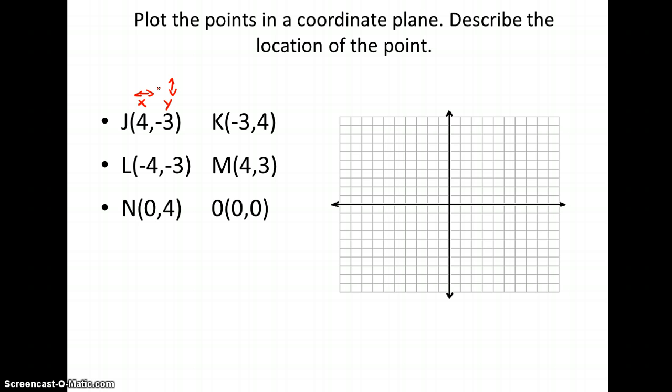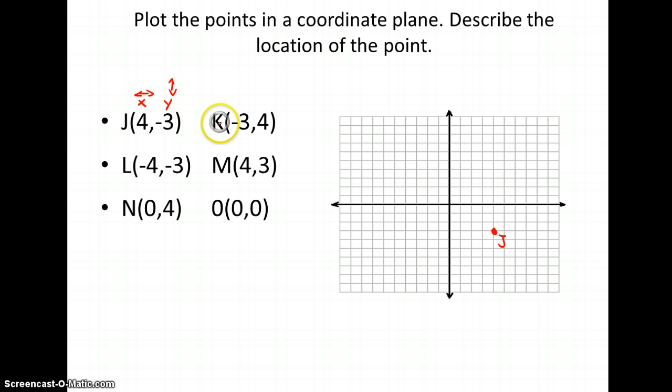When you're plotting points, you'll always start at the origin, 0, 0. From here, we're going to go right, 1, 2, 3, 4, and down, 1, 2, 3. Place your dot here and label it J.